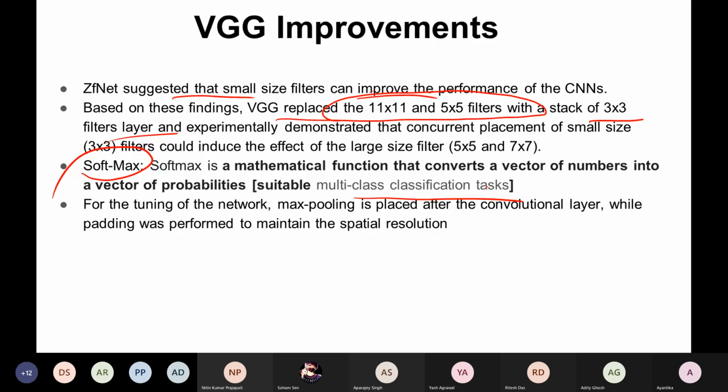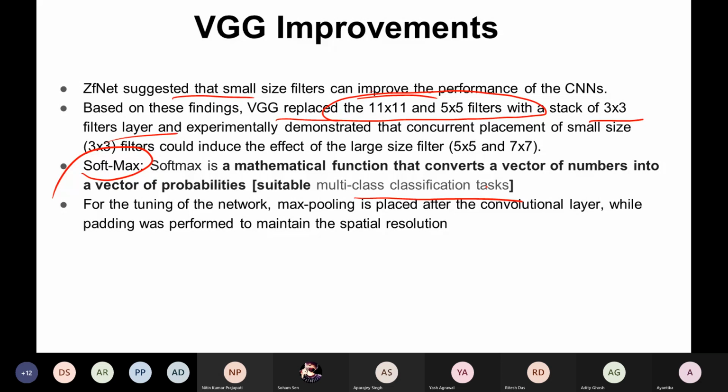When we do this multi-class classification, we get a vector of probabilities, and these probabilities signify, for multiple class representation, which will be the chosen one, which will be the second chosen one, and so on. That way, softmax was introduced in VGG, and it expanded the use of CNN in multi-class classification problems. Okay.